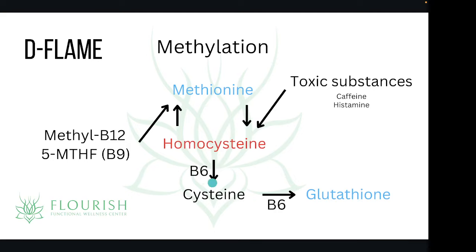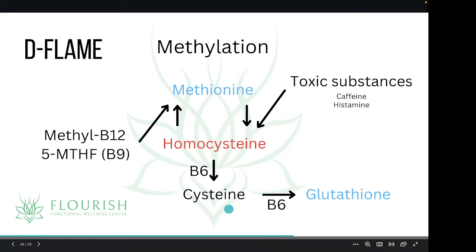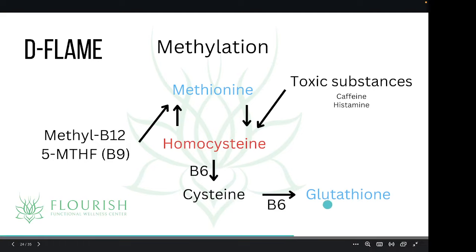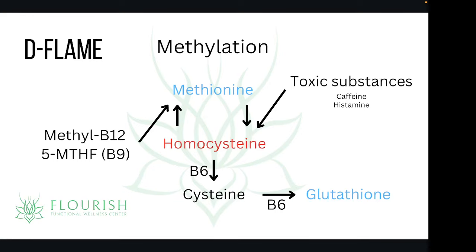And then another B vitamin that can help get rid of homocysteine is B6. It helps convert it to cysteine, and then cysteine will combine with glycine as well as glutamic acid to become glutathione. So that's why B6, B9, and B12 are so important when it comes to homocysteine status as well as cardiac risk.